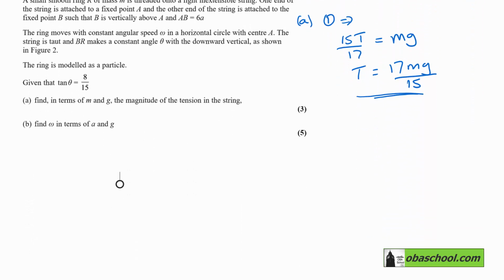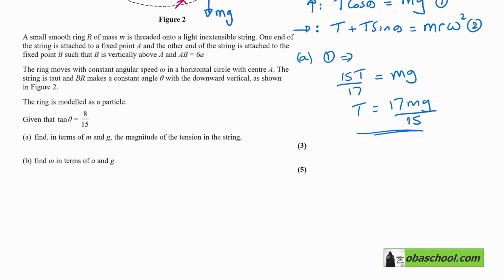We now want to find omega in terms of a and g. So we can use T plus T sine theta is equal to m r omega squared, which was our equation 2, which we got from the horizontal components. Now we know that T is 17mg/15.